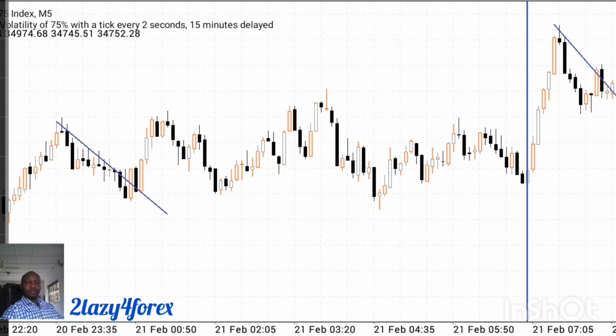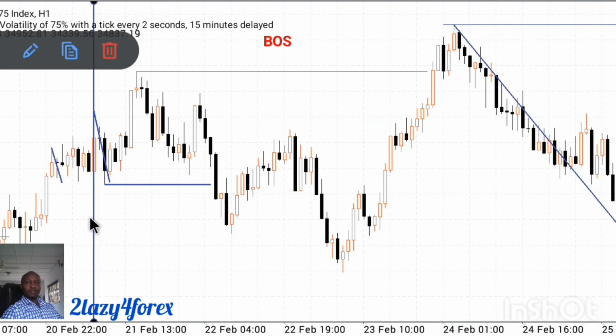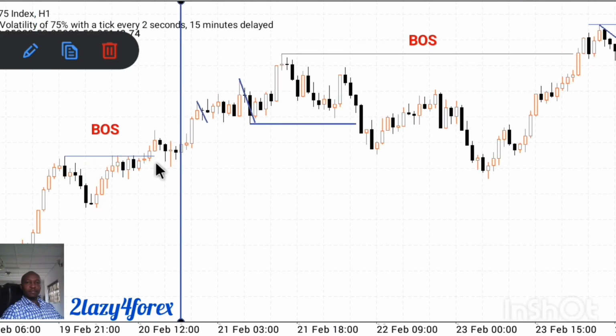Let's go back to our 1 hour. For this now, like I said, this is the highest low here. This followed that. This is the low followed by this. So from here to here on the 1 hour chart, this is the highest low.